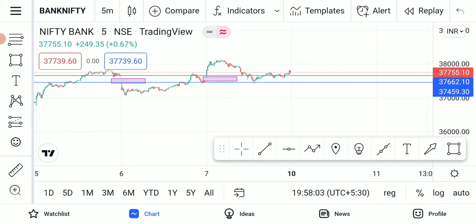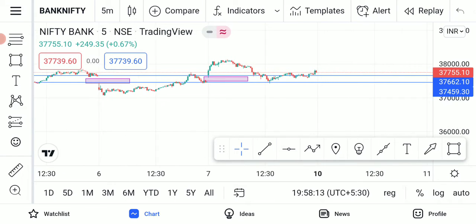It consolidated over there and came back, and the gap up was a support level. You can clearly say that it came back again in the same way in the uptrend. A pullback happened, the gap was the support, and it pulled back again.